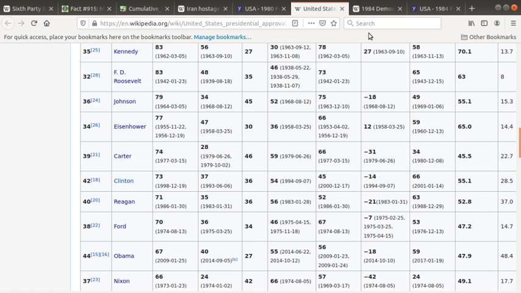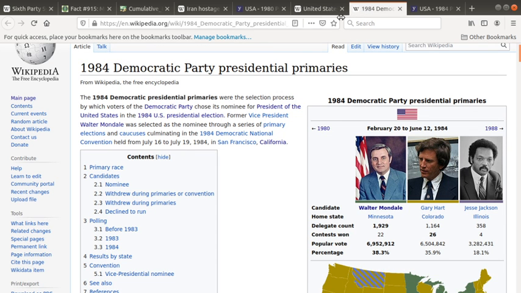So 1984 comes around and Democrats already have no chance. So they go ahead and nominate Walter Mondale. The Democrats are in a little bit of a frenzy. They nominate Walter Mondale, who wins the majority of the delegates, but not the most states. That actually goes to Gary Hart of Colorado.